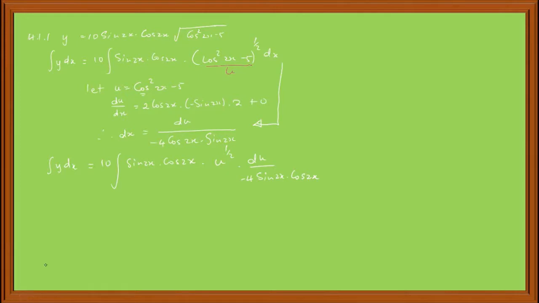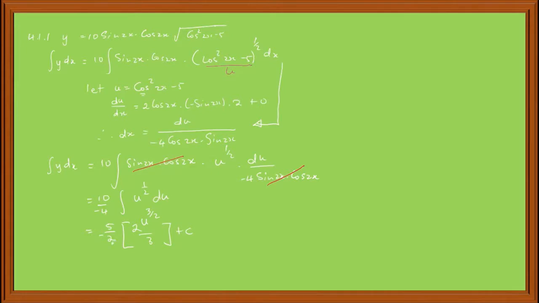Then let's cancel like terms. This will cancel that, and then we have 10 over minus 4 integral of u to the power half du, so that we have only one term. 10 over 2 is 5, so 5 over minus 2, and here we have u to the power 3 over 2. We add 1 to the power, and then we have 2 over 3 plus c.